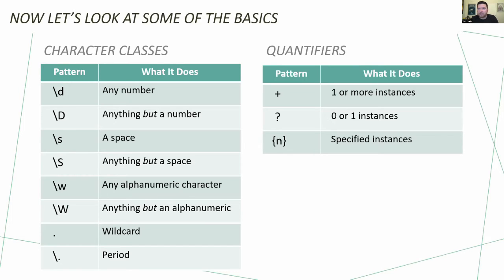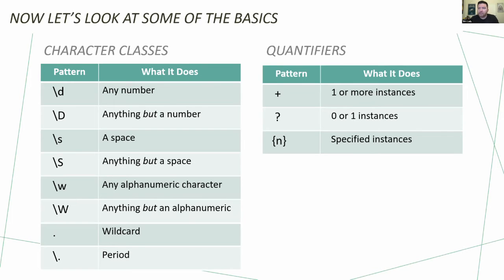On the right side, you'll see quantifiers. We talked about these a little bit already, but just to know what they are specifically: when you use the plus sign in your regex statement, you're looking for one or more instances of the specified pattern. Whether that be a d, s, or w, for example, when you follow it with a plus, you're saying there's at least one, but possibly more of those. When you use a question mark instead of a plus sign, what you're telling the pattern is, hey, I don't know if this exists, but if it does, there's going to be at most one.